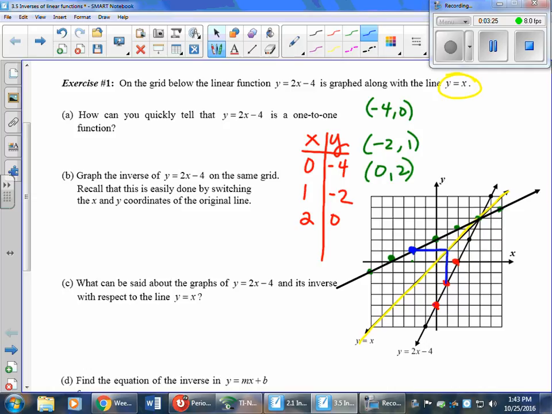This one goes up 4 to the line y equals x, over 4 gives us this point. This one goes up 2, over 2 gives us this point. All right, so take a moment, write down how it's a reflection over the line y equals x before we move on to letter D.